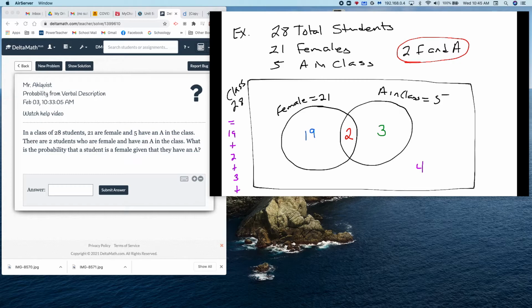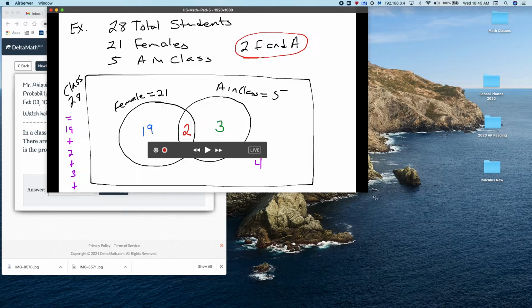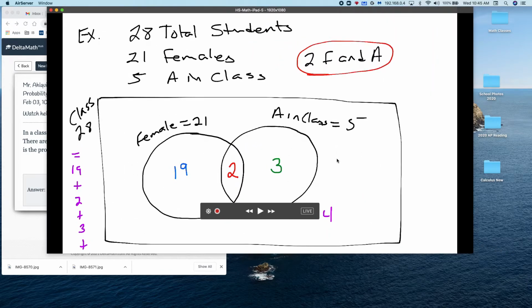So let me go through another example. A lot of it is just writing down what you have.